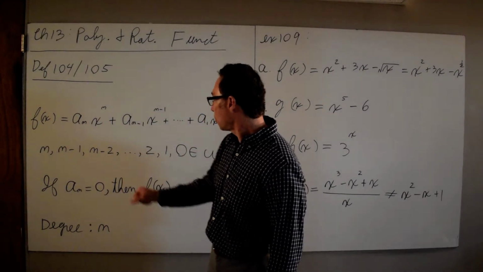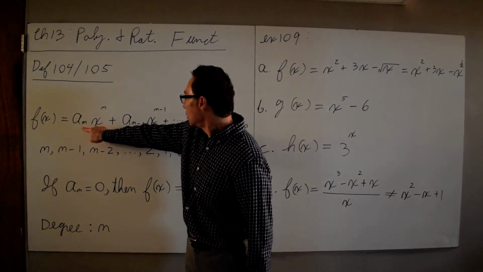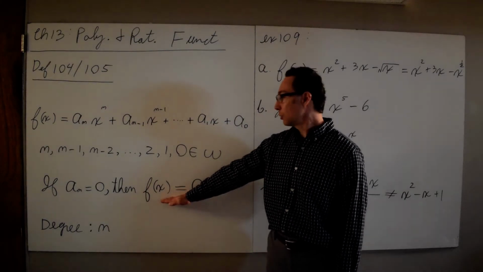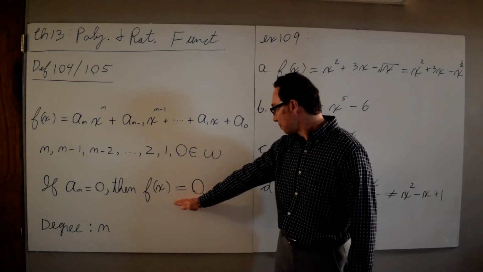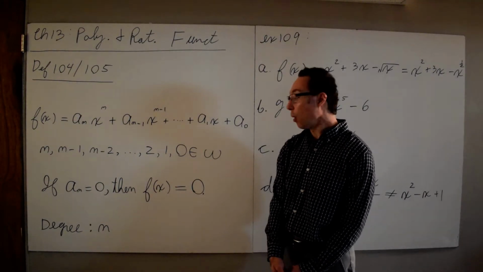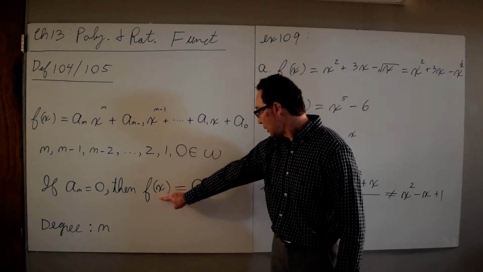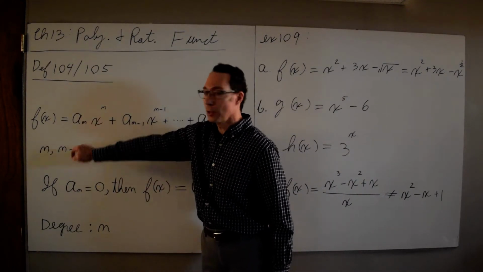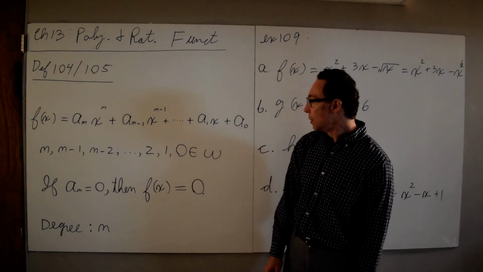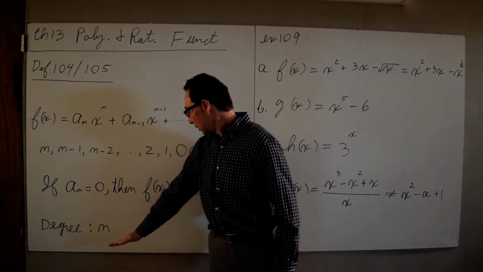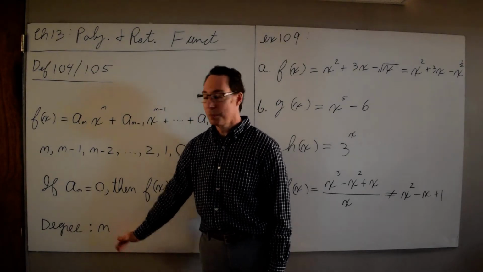So we don't want the lead term to be 0, except when you actually just have the 0 function, in which case this is the 0 polynomial. Constant functions are polynomials. The 0 function is the only time where your lead coefficient will be 0. Any other time, your lead coefficient will not be 0, and this degree determines the degree of your polynomial.